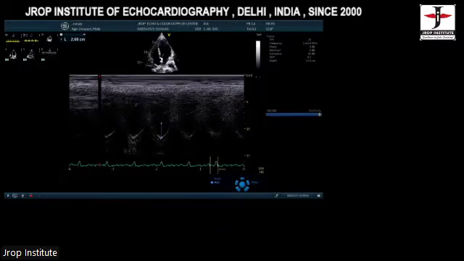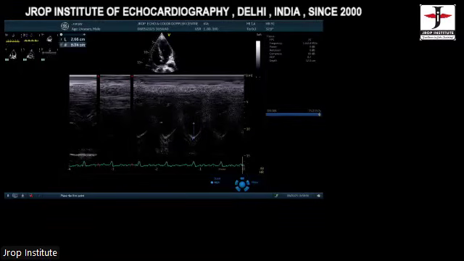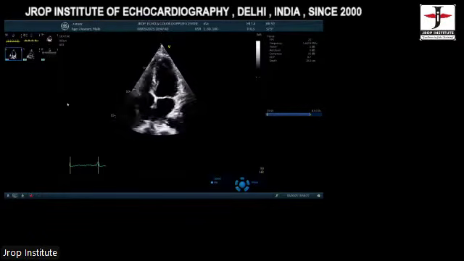Two outlets means LV outflow and VSD outflow. You'll find two outflows, but the measurement pattern will remain the same. It will not change. We'll go to the same 4-chamber view to do the measurements for ejection fraction.